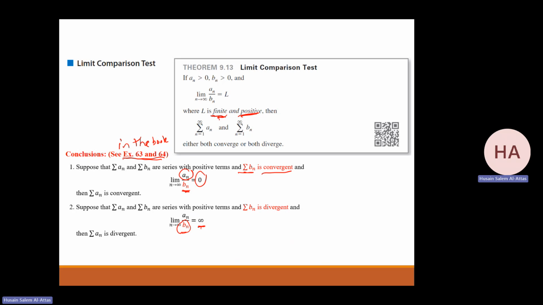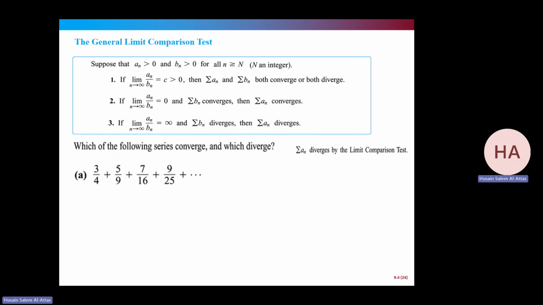So I have these two more cases. If the limit is finite and positive, very clear, both converge or both diverge. However, if the limit is equal to 0, and the series in the denominator converges, then the series in the numerator converges. And the same thing for infinity the other way.